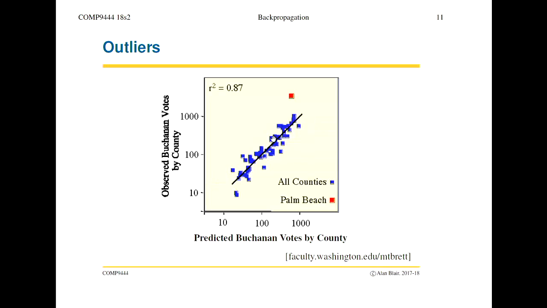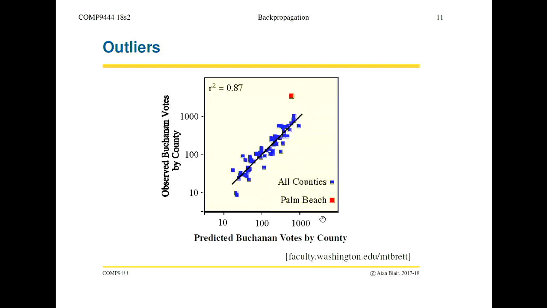So this graph here shows what was predicted by election polling for how many votes. There was this third-party candidate called Pat Buchanan, and the blue things indicate what was predicted for how many votes he would get in each county in Florida, compared to how many votes he actually got.